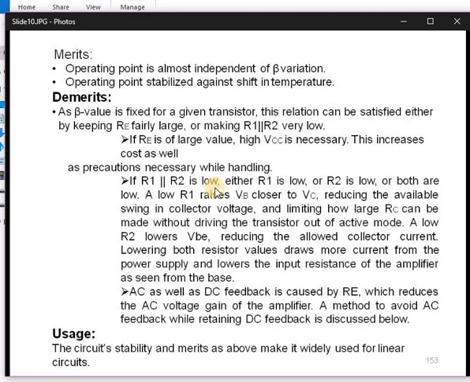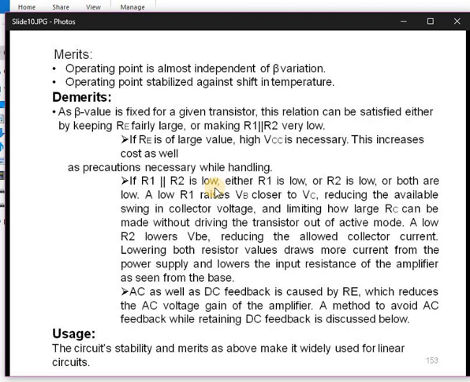After this, the total of 4 biasing circuits are completed: the fixed bias circuit, fixed bias with emitter feedback, collector base biasing circuit, and the final one, the potential divider circuit.